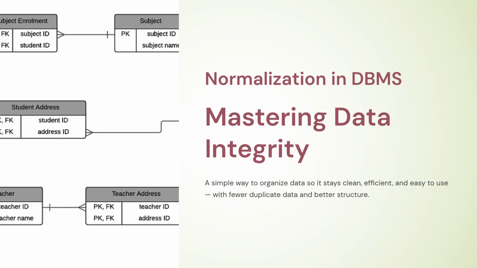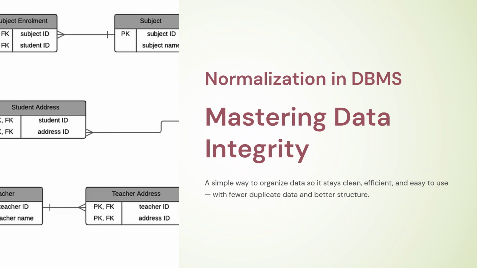By the end of this presentation, you'll understand why normalization is important, the problems caused by poorly designed databases, the normalization forms like first normal form, second normal form, third normal form, Boyce-Codd normal form, and higher normal forms such as 4NF and 5NF.